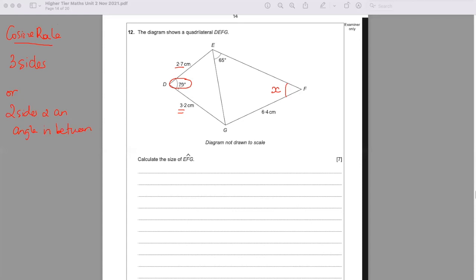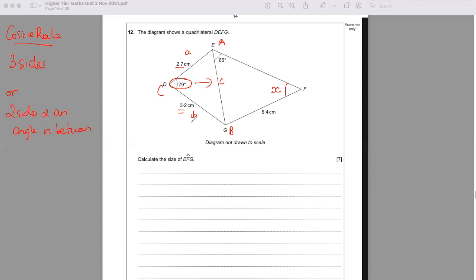So like this here, it's in between the two sides. It's a little bit like a C there, and that is your A here and your B here, for example. So A and then your B and your C there. And you can use the formula then to work out the size C. So that's when you use cosine rule.